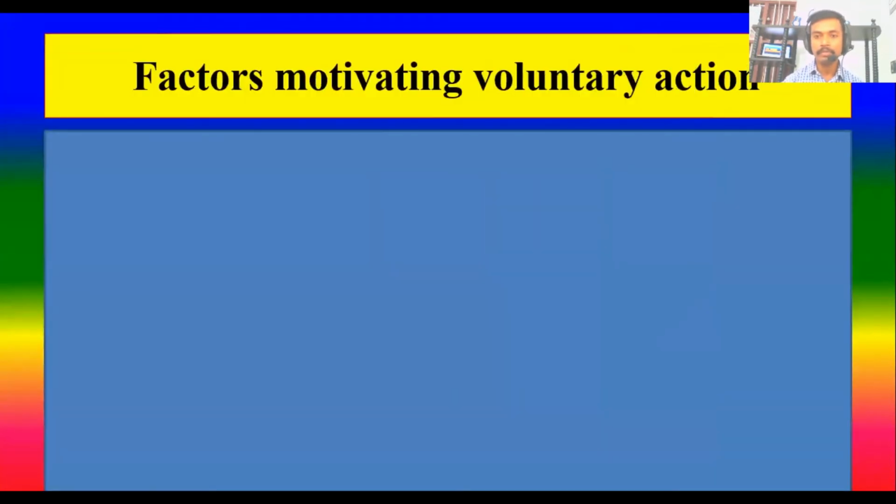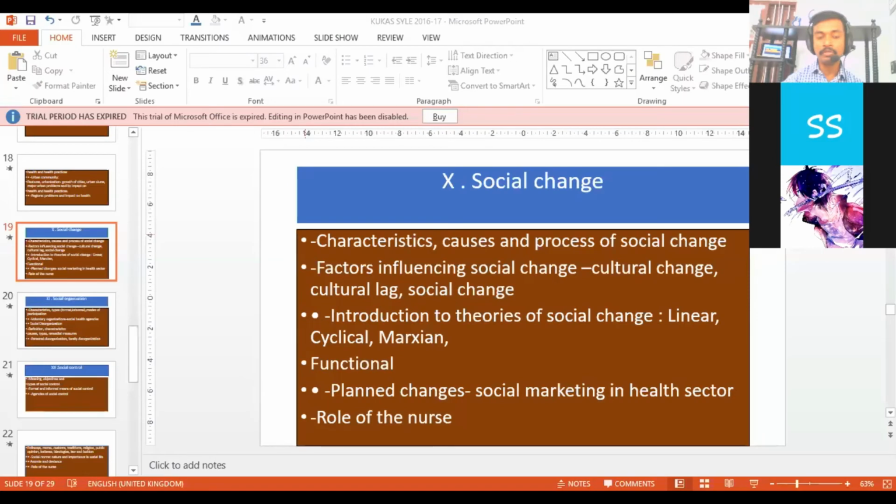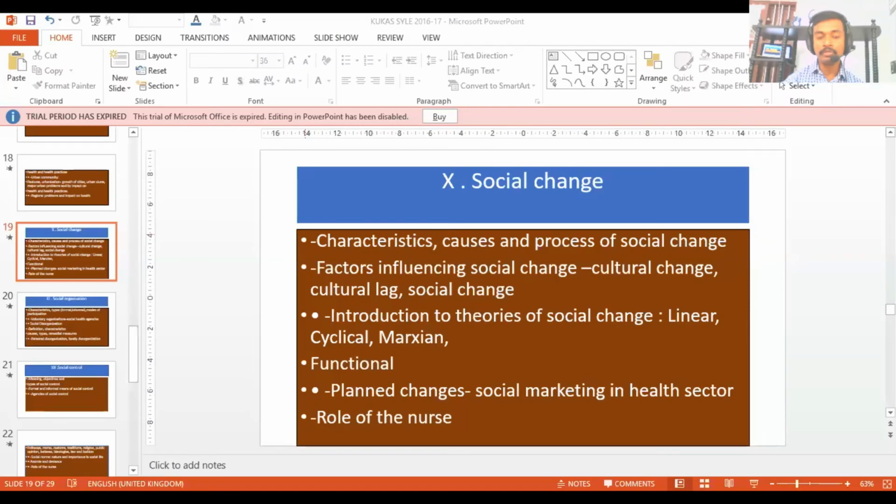Factors motivating voluntary action. First, government, as we have discussed: legislations and constitutional provisions support these NGOs. It is a fundamental right to form associations.